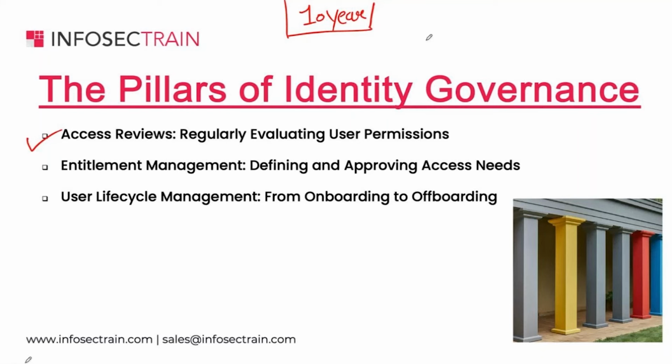Regular access reviews are essential to make sure that users continue to have a legitimate need for the permissions that they hold. Imagine a user who has been granted access to a financial system for a specific project. If that project has been completed, an access review can identify this and remove all the unnecessary access and privileges, and reduce the risk of unauthorized access.